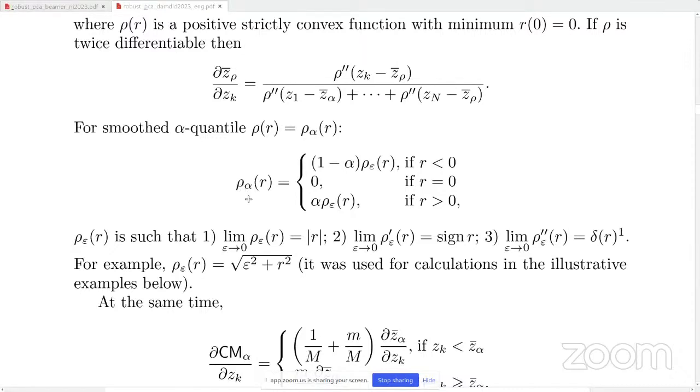Rho alpha: when R is negative, we take the rho function that is used for constructing smooth median, multiplying by 1 minus alpha. When R is positive, we multiply just by alpha.